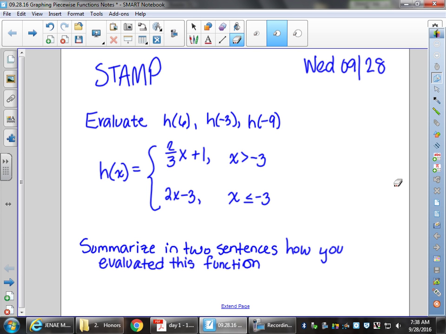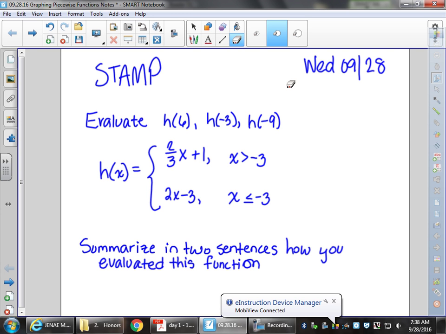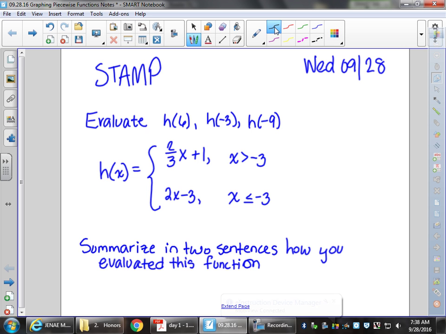So we needed to evaluate h of x at these three values. Okay, h of 6.